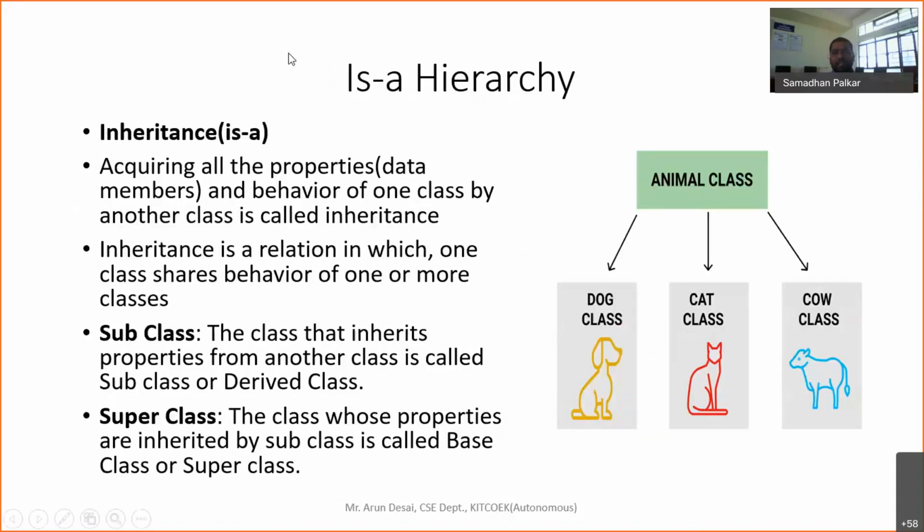Now the is-a hierarchy is called inheritance. What is inheritance? It is acquiring all the properties, that means data members or variables, and the behavior from one class to another class. This is called inheritance. In another way, it is called a journey from generalization to specialization.